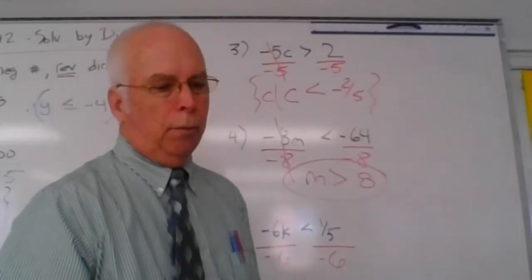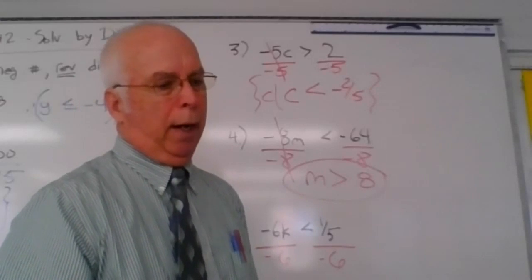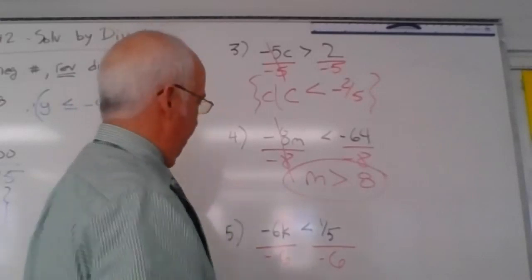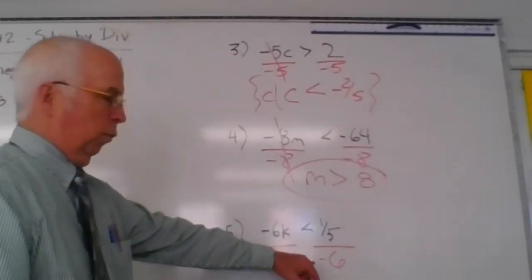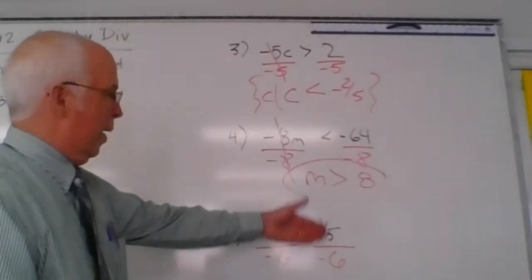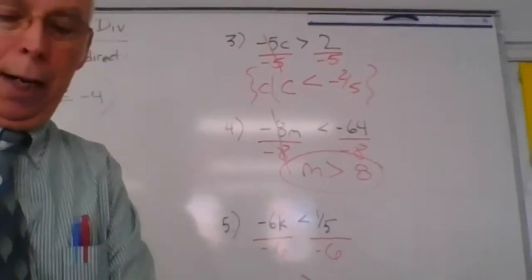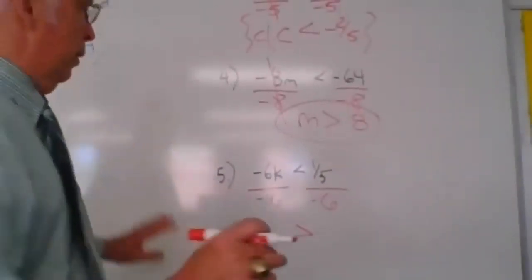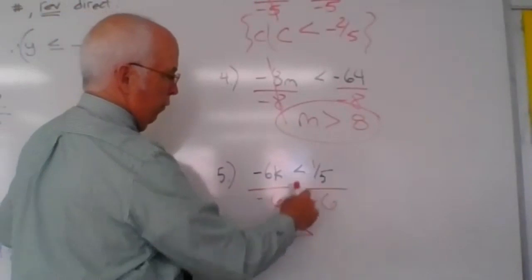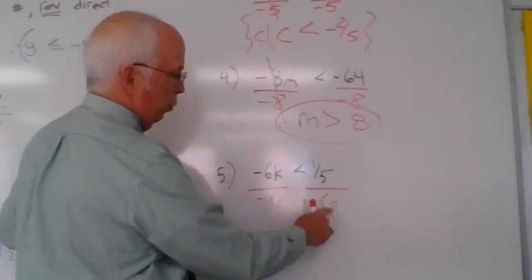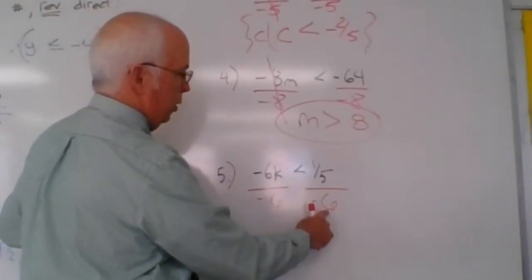Now, I've got a fraction divided by a number, and we've talked about what to do with this 1/5 over -6. The easiest thing to do is to change this division problem into a multiplication problem, once again by taking the reciprocal.